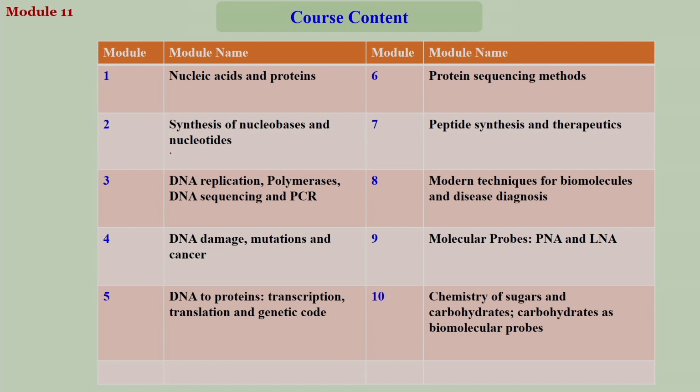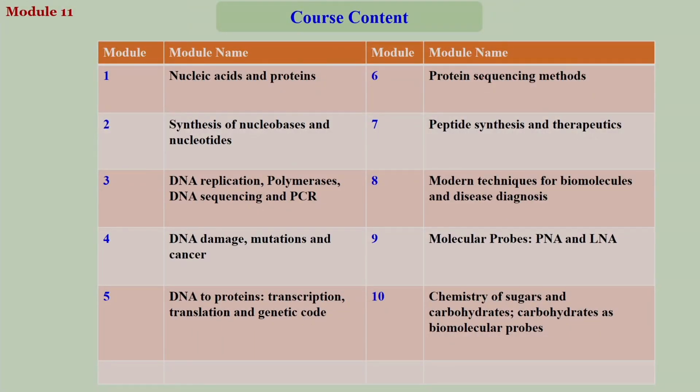Third module is DNA replication, polymerases, DNA sequencing, and PCR. Module 4 was on DNA damage, mutations, and cancer. In module 5, we talked about DNA to proteins, the process of transcription, translation, and the genetic code.